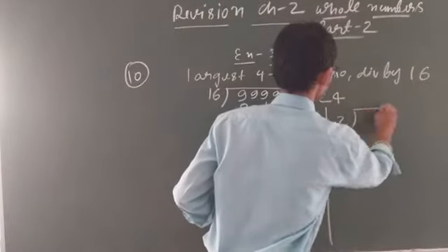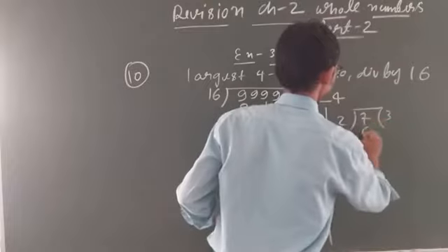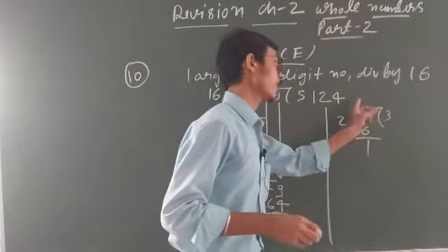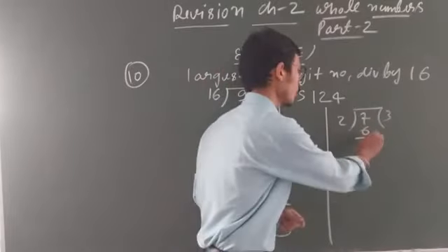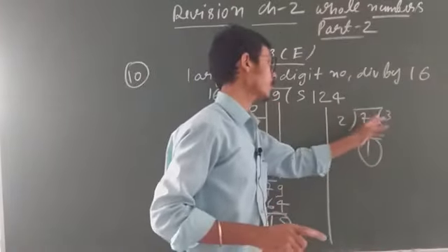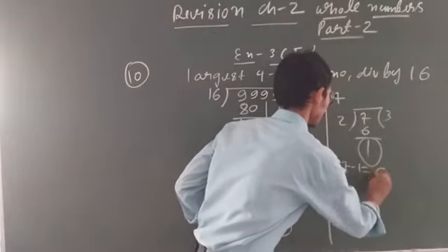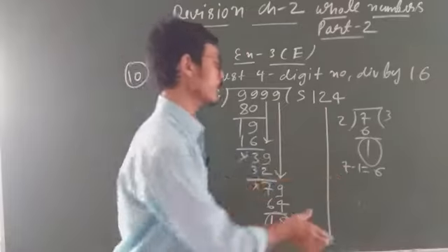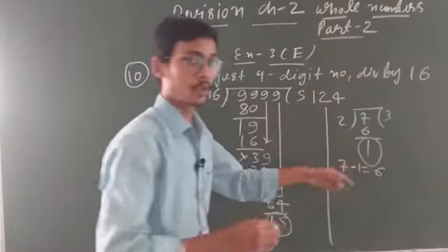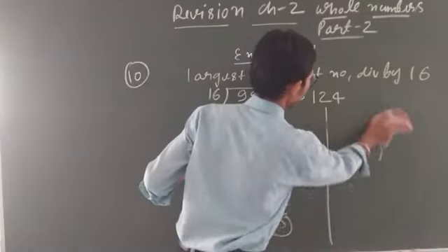I am taking a very small example. 7 is given. 2 3s are 6, 7 minus 6 is 1. So 7 is not totally divisible by 2 because 1 is the remainder. If you subtract this 1 from 7, it becomes 6, and now it is totally divisible by 2. So this is the process. Here also you will apply the same concept.